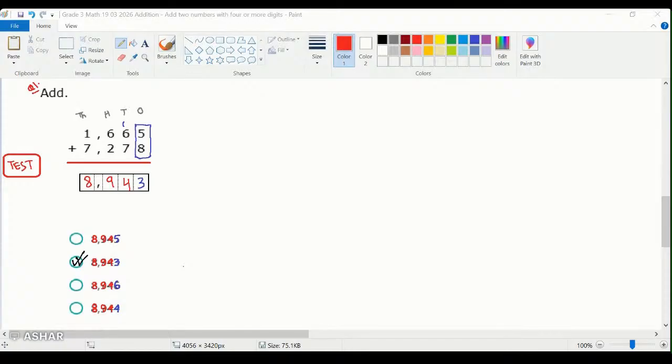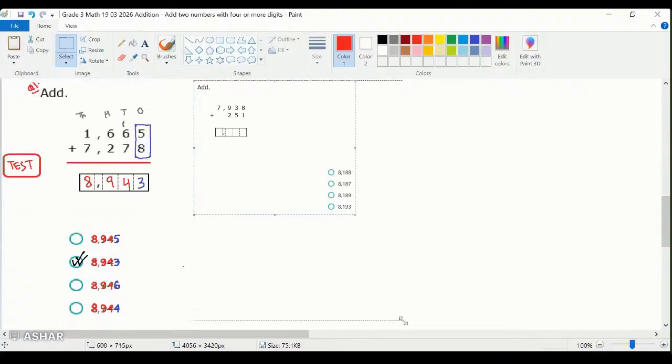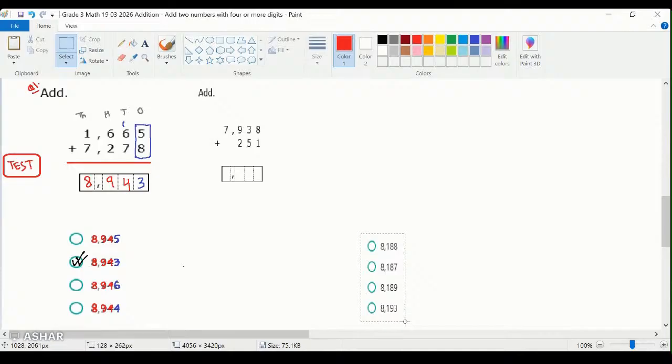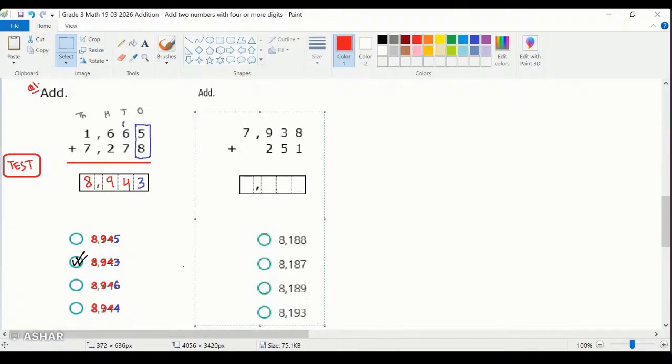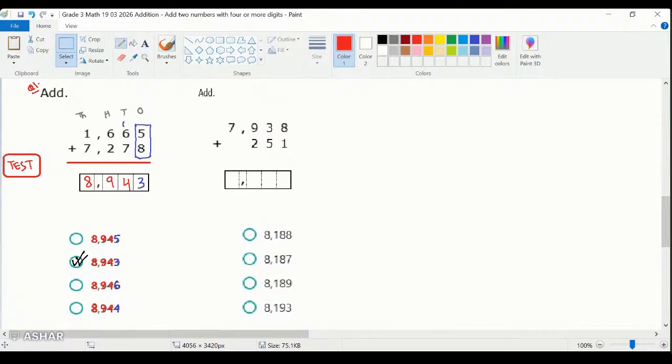Let's look at another example. In question number 2, they are asking us to solve a very similar question. They want us to find the answer. Let's see where the difference is.